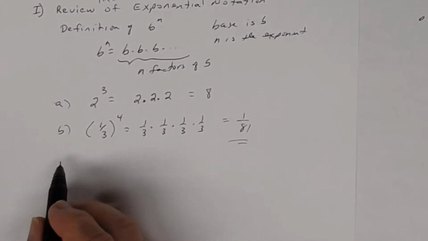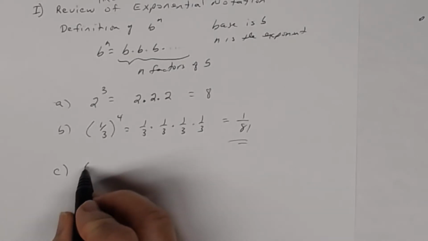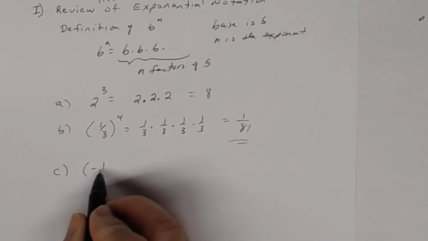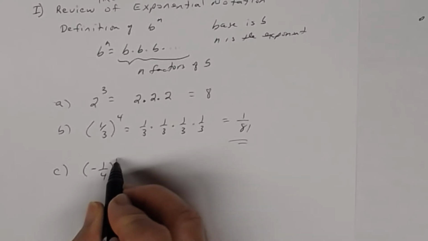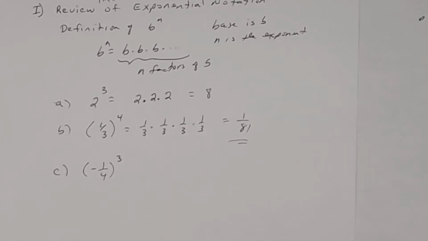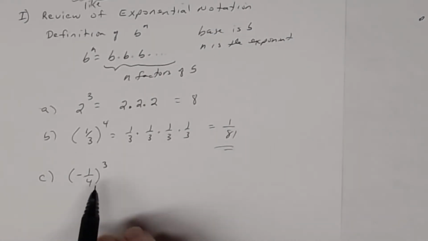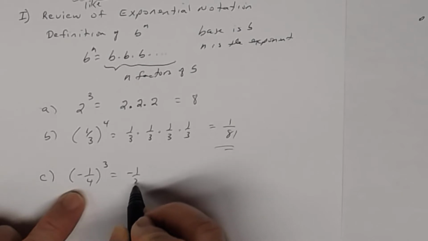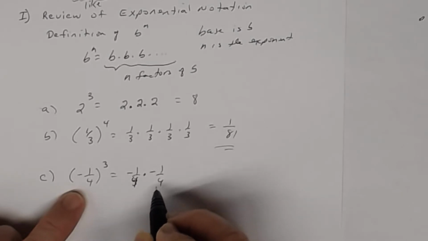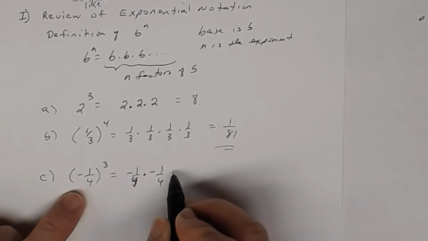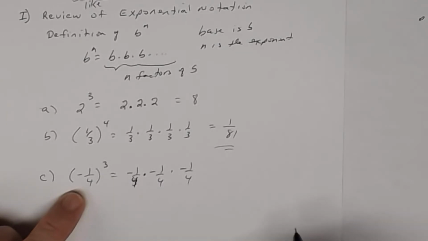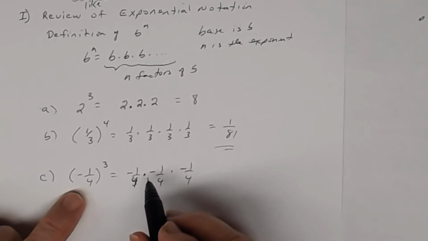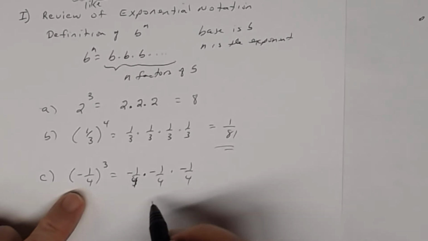Now be a little bit careful sometimes. If I have negative 1/4 to the 3rd power, remember that negative 1/4 is the base. So I multiply negative 1/4 times itself, the exponent number of times: negative 1/4 times negative 1/4 times negative 1/4.